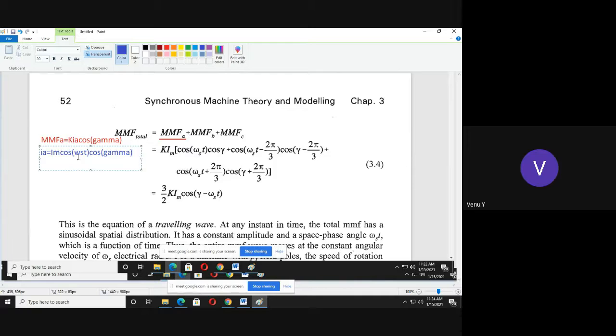So this is IA. Here this term is not there. Cos gamma is appearing in MMF A, so here IA is equal to Im cos omega s t.